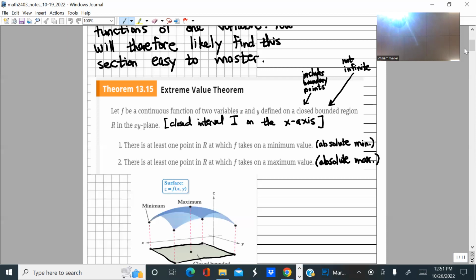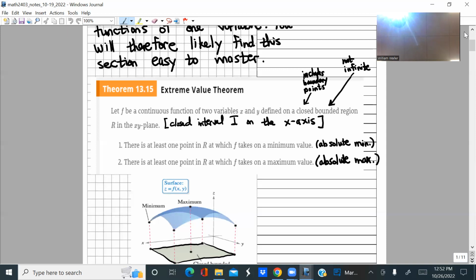So oftentimes you will have these local maximums or local minimums on a surface. Right? By the way, there's an example of a minimum on a surface. Notice the maximum somewhere.